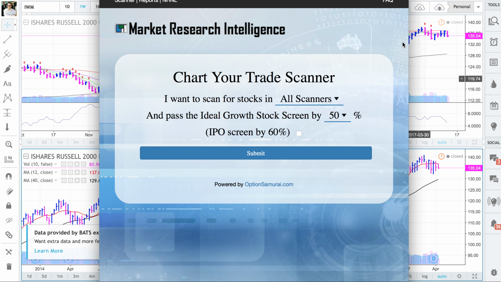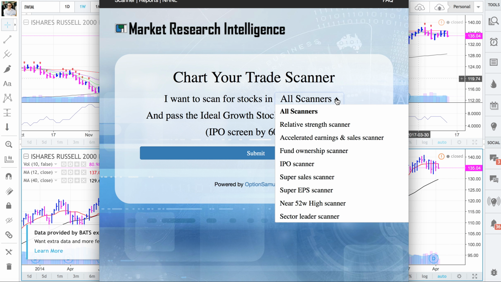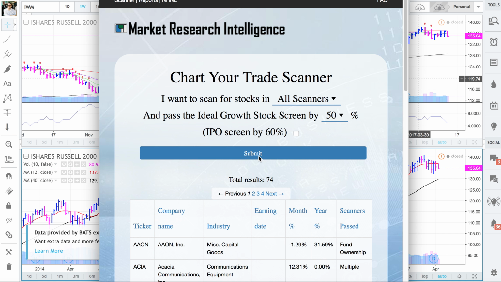So we developed this ChartYourTrade MRI scanner, and it hunts for the best of the best growth stocks in the market at any given time. The scanner runs every weekend, and as of last week it produced 74 results, which is the highest that I've seen in quite a while.